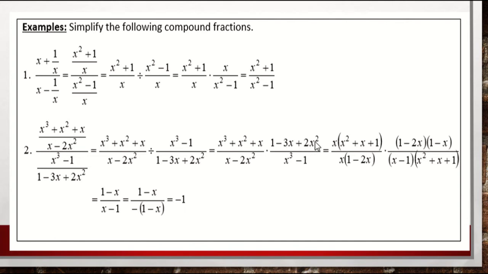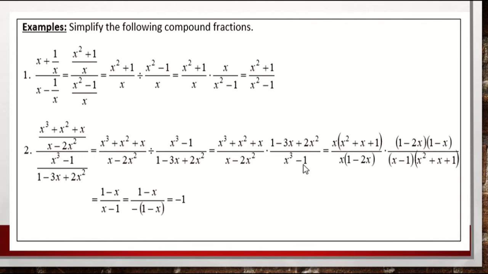Then this one can also be factored out. The factors of 1 are 1 times 1. Then for the 2x squared, the factors are 2x and x. But it is negative, since our middle term is negative 3x. So the 2 and 1 should add up to it. Since it is negative, both are negative.